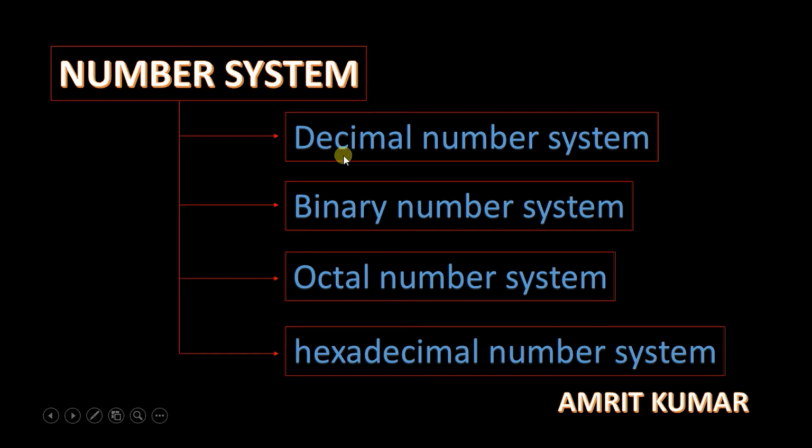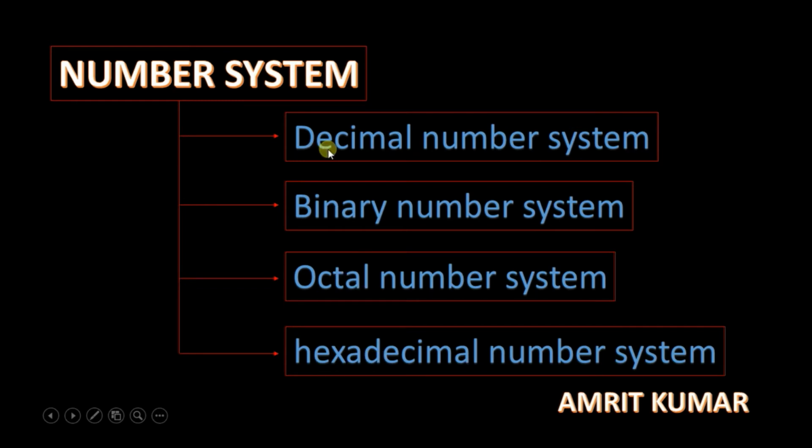The decimal number system carries the base 10. The binary number system carries the base 2. The octal number system carries the base 8. And the base of the hexadecimal number system is 16.